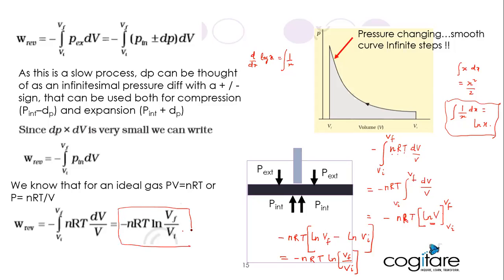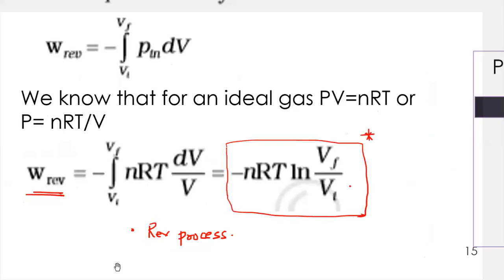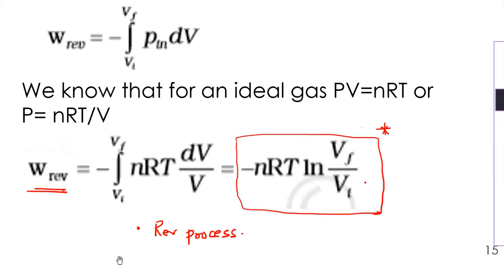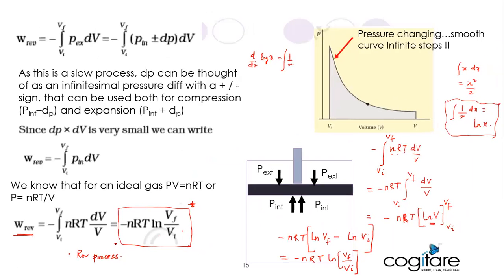It is a reversible process and it is an ideal gas. That's why we say W reversible. This is applicable for reversible process and for ideal gas.